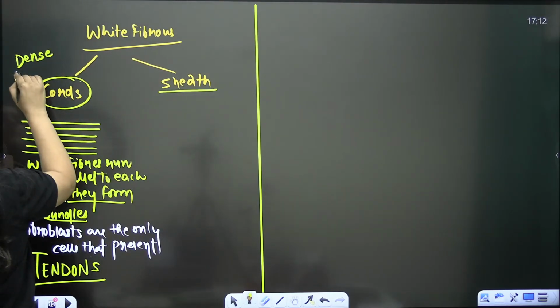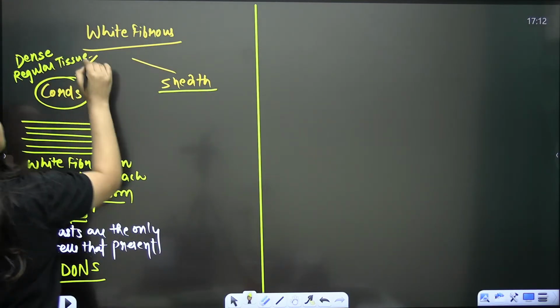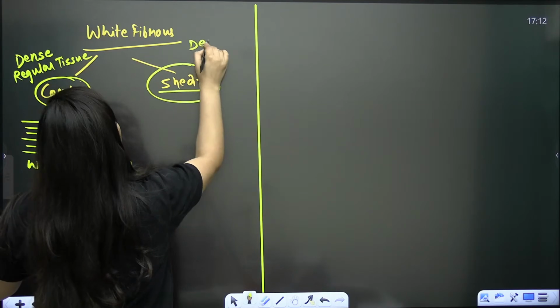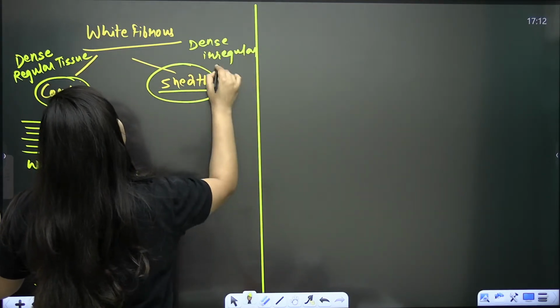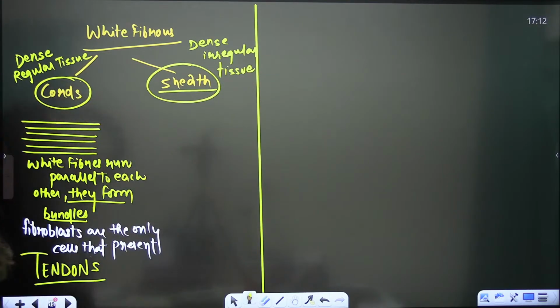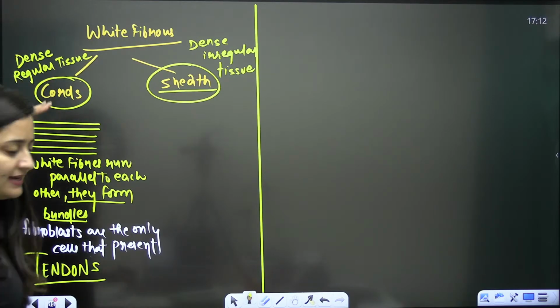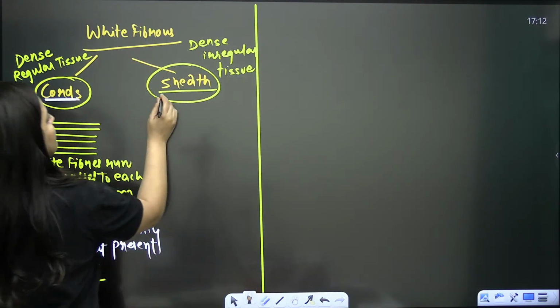So cords make dense regular tissue, and sheaths make dense irregular tissue. For dense regular tissue, we use the word cords, and for dense irregular tissue, we use the word sheath.